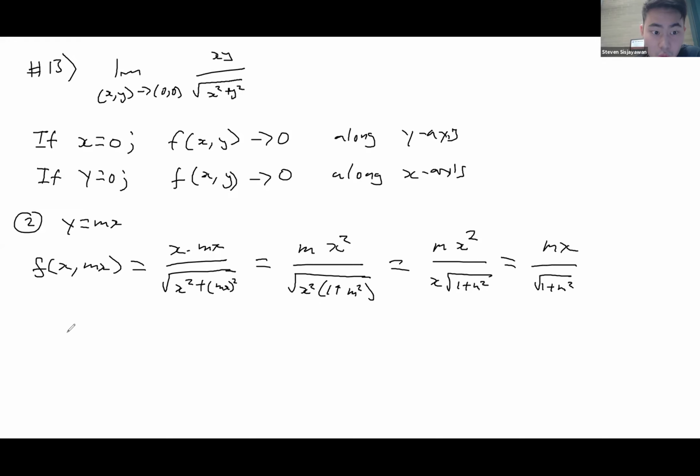And so if I were to take this limit, it'll be the limit as x approaches 0 of f of x comma mx. And based off that, if you plug in a 0 right there, you would always get a value of 0. So this limit does approach a certain point, or 0 rather.